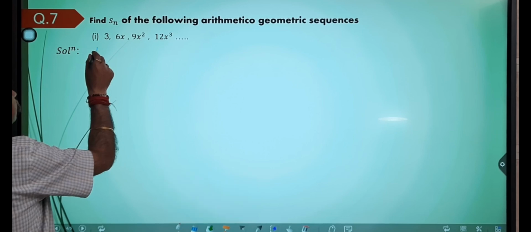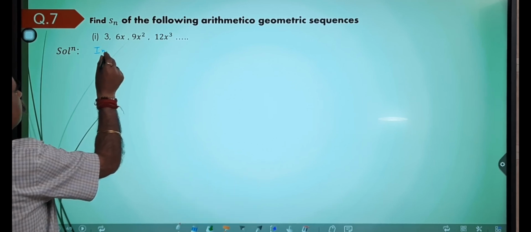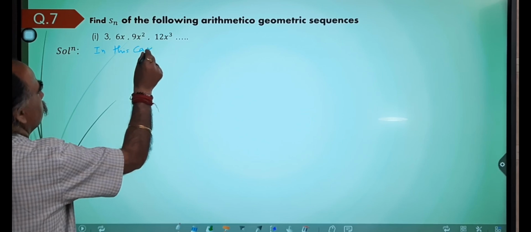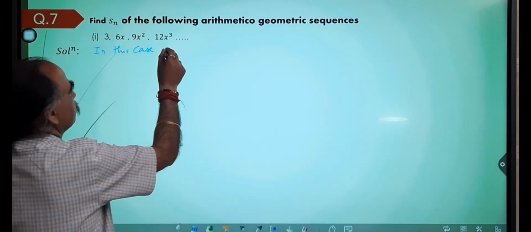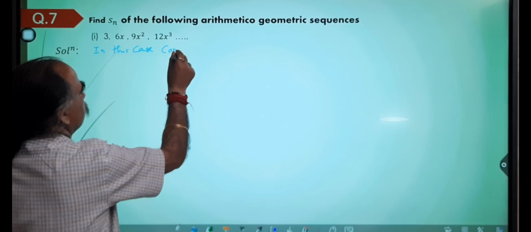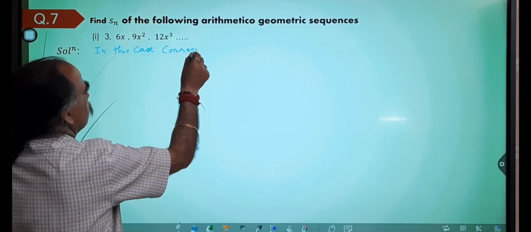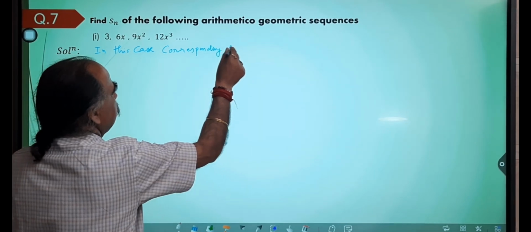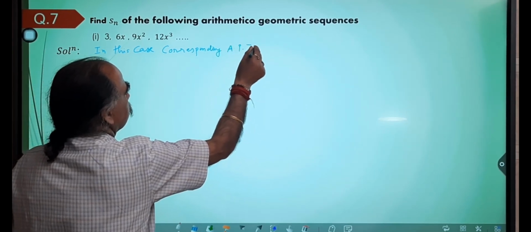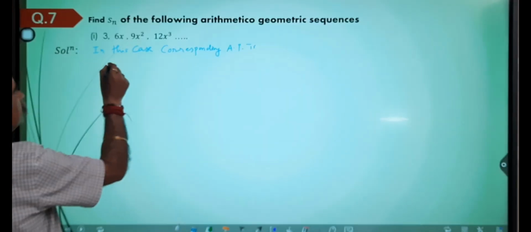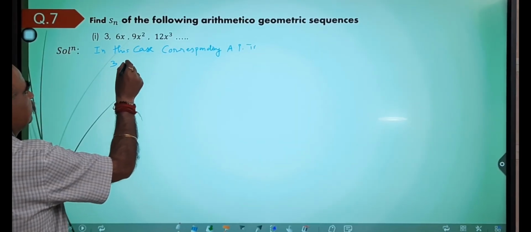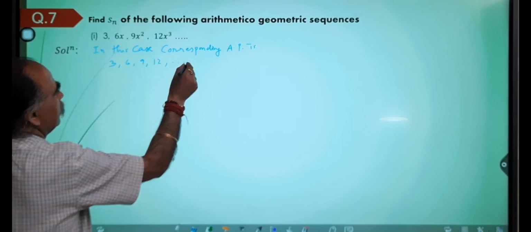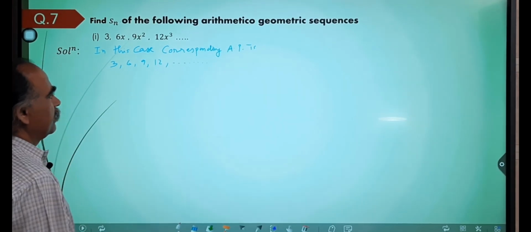In this case, the corresponding AP is 3, 6, 9, 12 and so on.